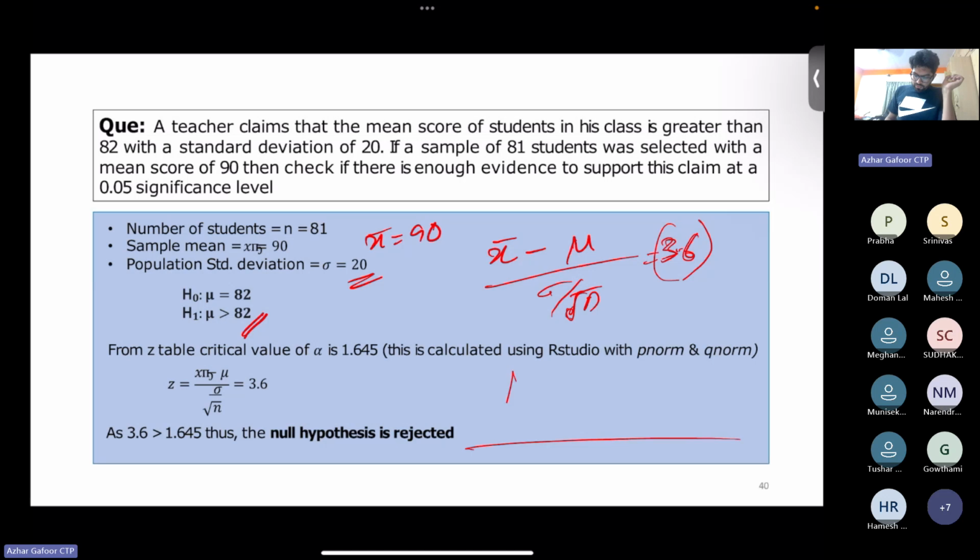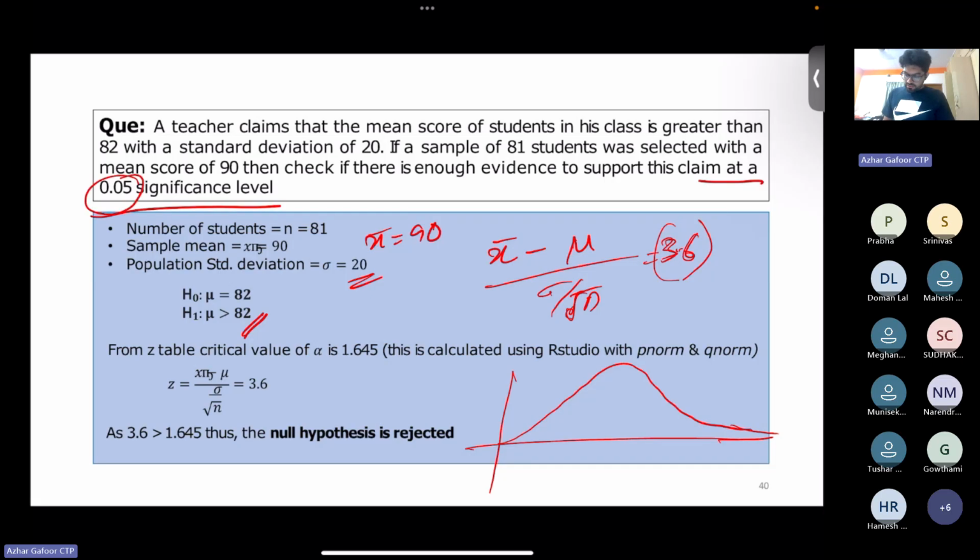If we look at the normal distribution table, this is a single tail test. The significance level is given as 0.05.